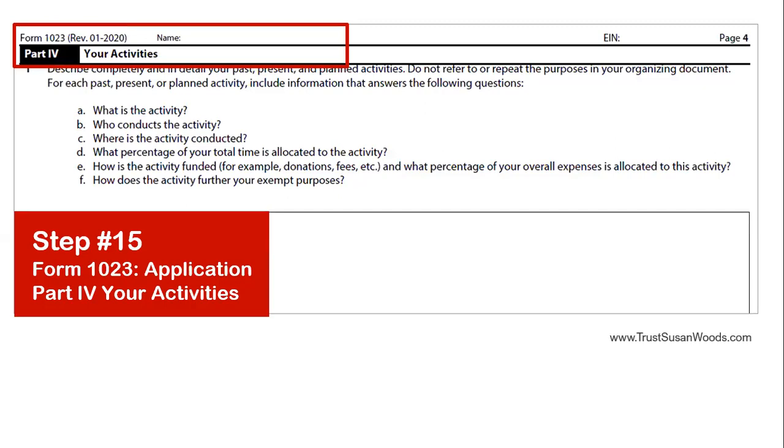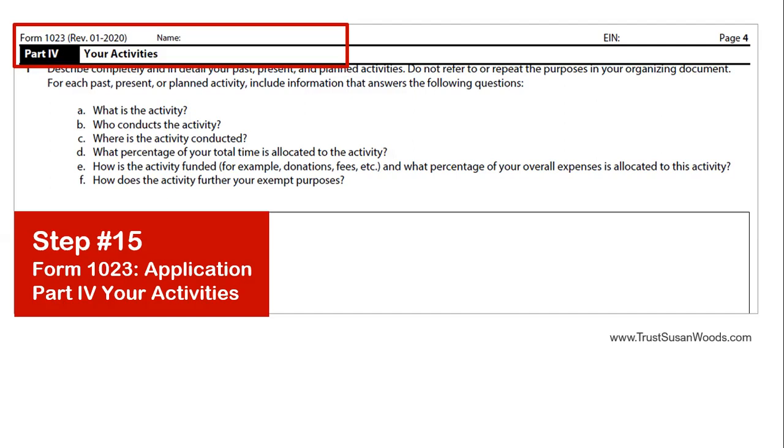Part 4 is the heart of your application because it tells the story about what you want to do in your community and why your organization deserves 501c3 status.